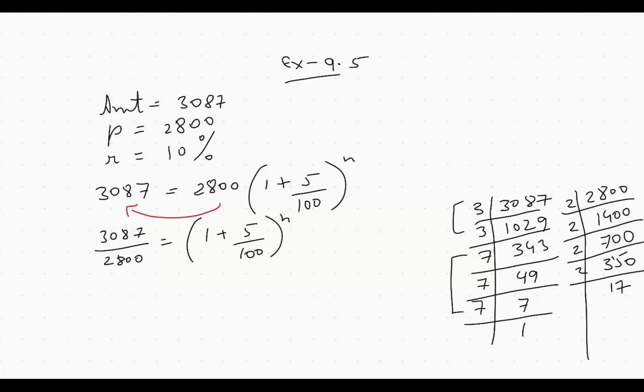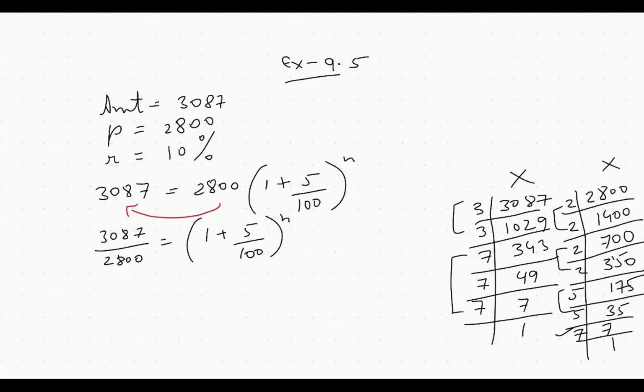Yes, ma'am. Why have you written 17 after 350? 175 it is, Anaya. Okay. Yeah. 175. Now 2, 2, 5, and 7 I'm left with still. Okay, so that means that for 3087 and 2800, we cannot do the square or cube rule.